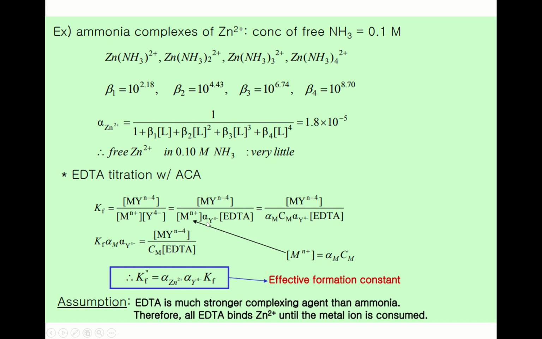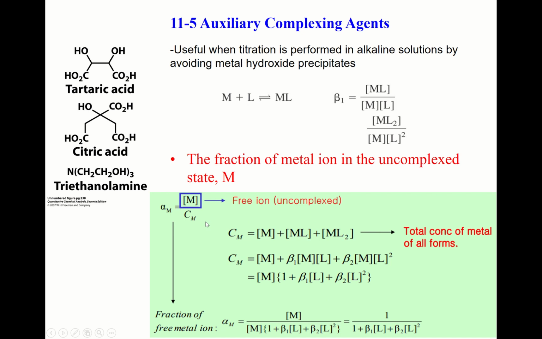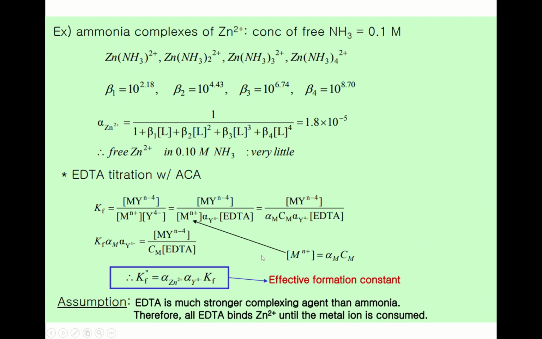Instead of the free metal concentration, we use alpha and the total metal ion concentration, because the free metal ion concentration is given by this equation.